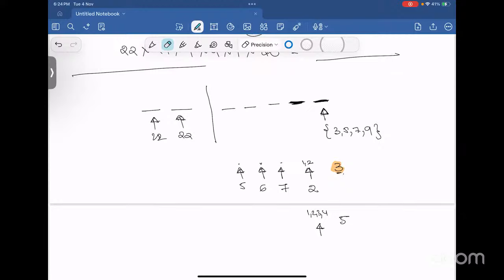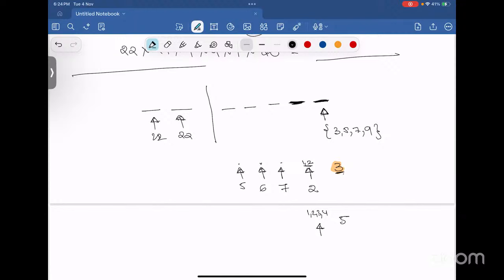So if I use 1 or 2, once I use 1 or 2, I have used one digit here, one digit is 3, and also I am not allowed to use 0. So no digit is 0. So if I remove that 1, 3 and 0, I have only 7 other options, right?